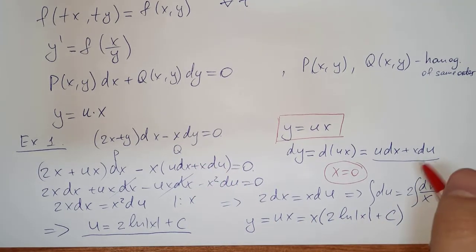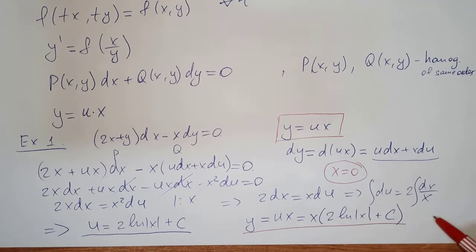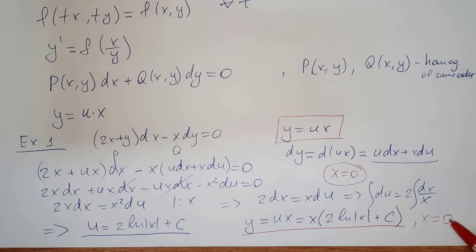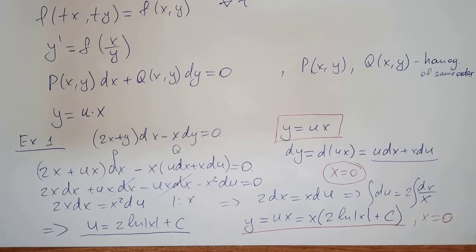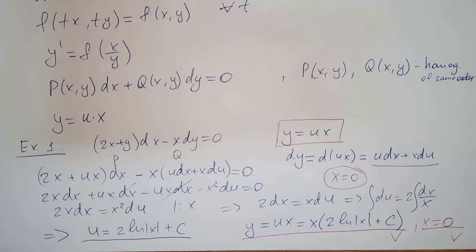So we need to add this solution also. We have two solutions. The first one is this one, and then x is 0. This is also a solution of our equation.